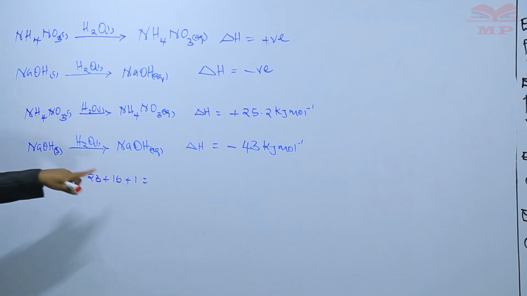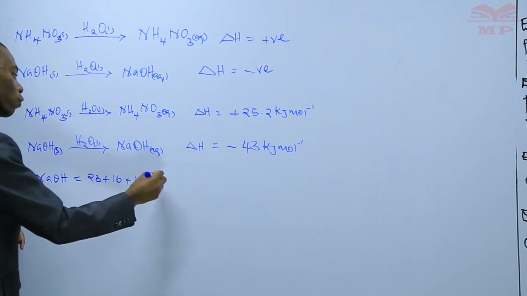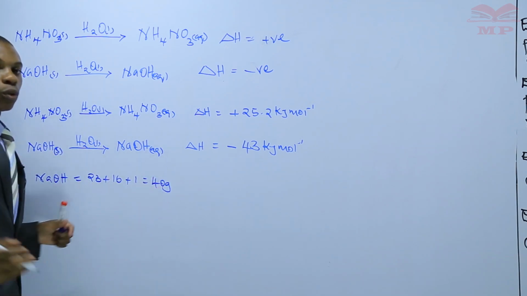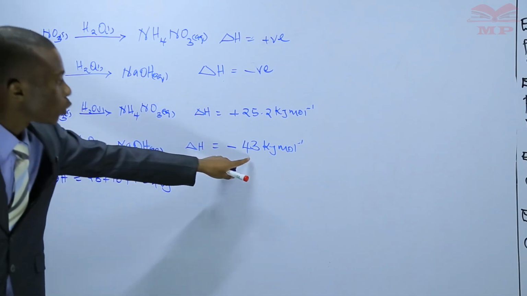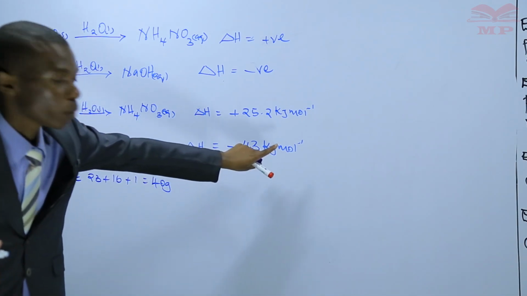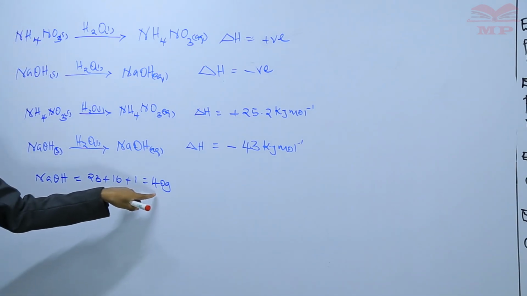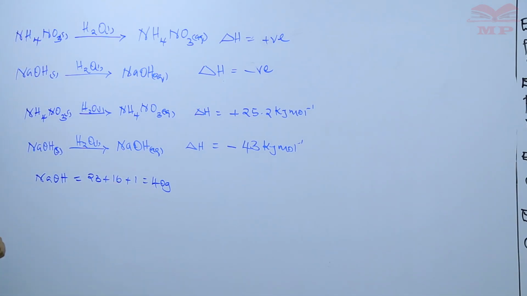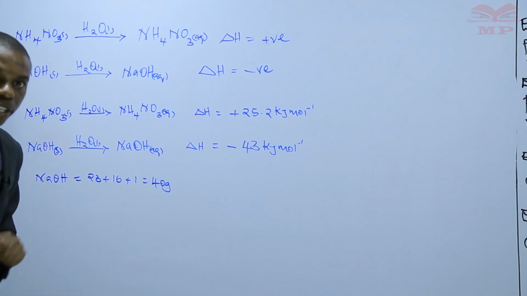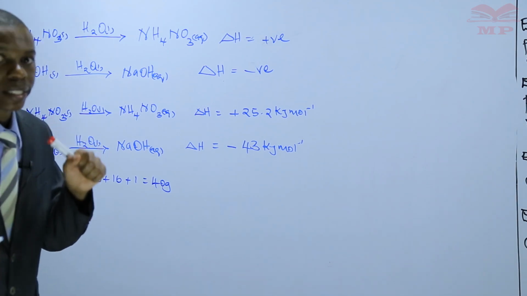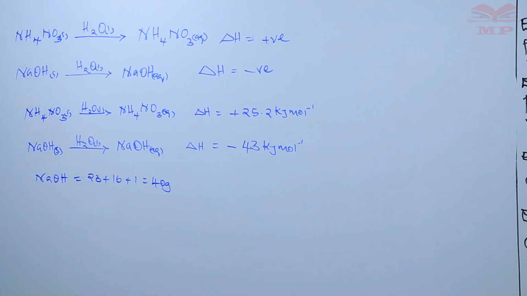So when you add them together, you're getting 40 grams. So negative 43 kilojoules per mole is now the enthalpy change which will be realized when you dissolve 40 grams of sodium hydroxide in sufficient amount of water.